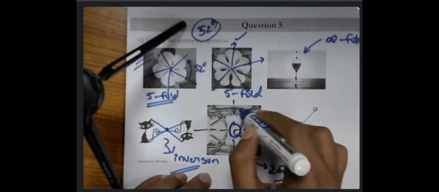So we can say there will be a twofold rotation. Consider this particular point rotated by 180 degrees, that is twofold, it will get to this particular point. They are exactly symmetrical with each other. They will coincide. So this has two perpendicular mirrors with a twofold axis.